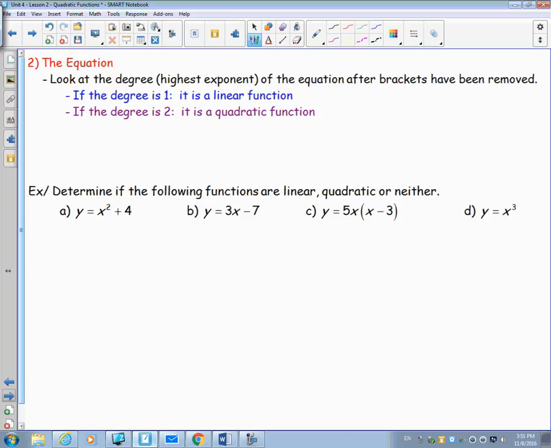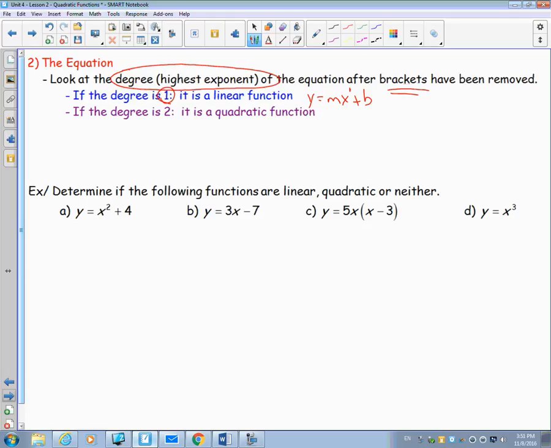Okay, so we can look at a picture, we can look at tables, we can look at equations. If I want to find a quadratic by looking at its equation, I have to examine the degree, which is the highest exponent of your equation after the brackets have been removed. When you have brackets, it makes it somewhat more complicated, so try and get rid of your brackets first. If your highest exponent is a 1, as in y equals mx plus b, the exponent on the x is a 1.